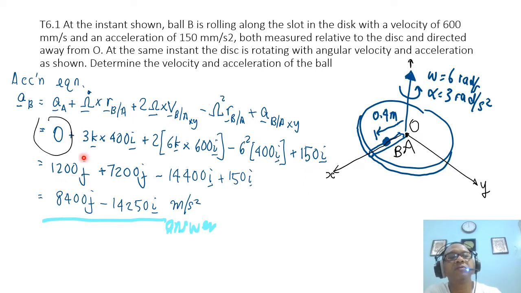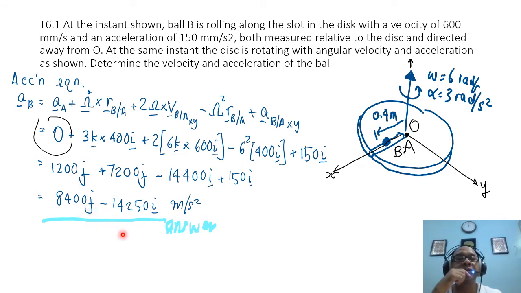So you get 1200 j plus 7200 j minus 14,400 i plus 150 i, and that's your final answer: 8,400 j minus 14,250 i.